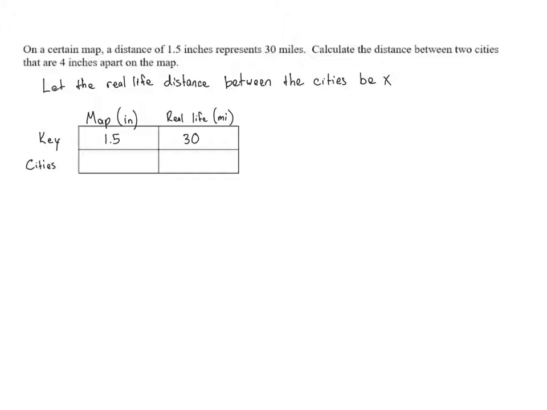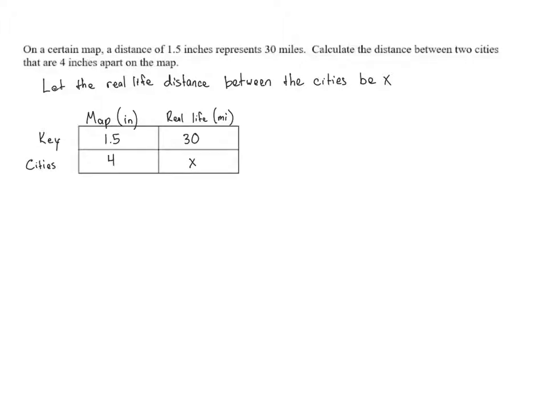Now, when we move down to the cities, we've got the cities in the lower left-hand corner, and we want to know what the distance is between them from the map. And we're told that the distance between the two cities is 4 inches on the map, so I'm going to put 4 there. And then in the last part of the table, that corresponds to the real-life distance between the cities. And because we don't know that, we said that that was going to be x.